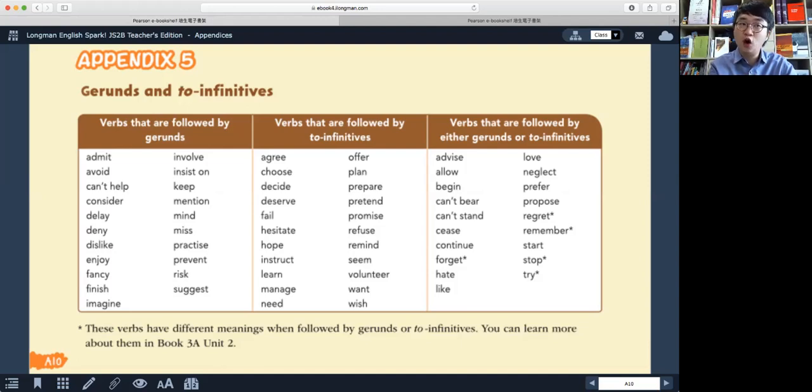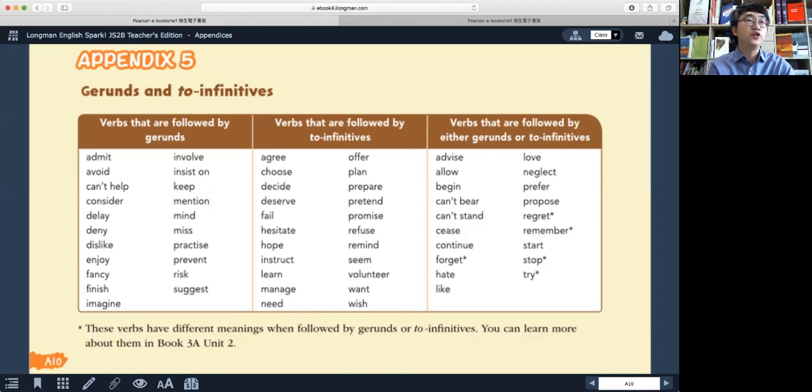So the verbs here include advise, allow, begin, etc. If you still don't understand what I'm talking about, it's fine, because I'm going to have a quick recap of this concept with you today. All right. Now let's look at your book again.